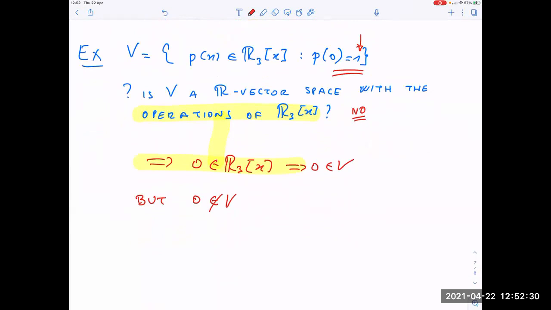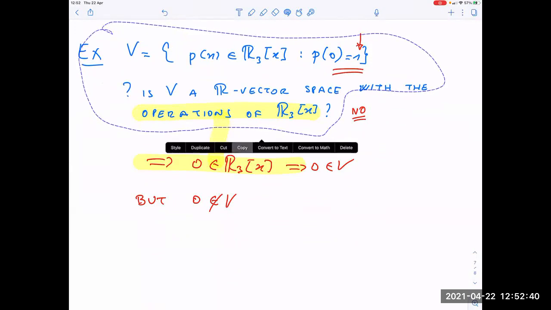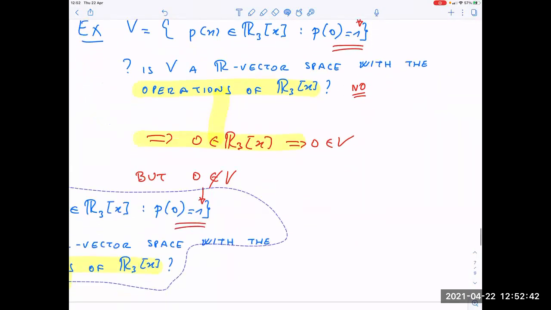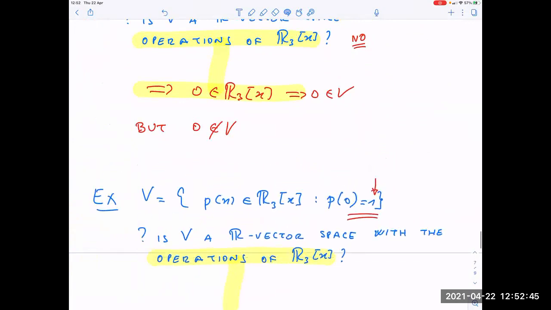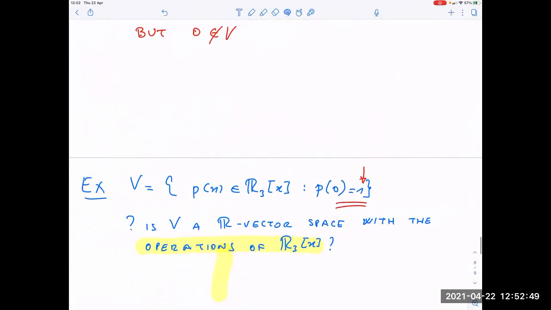Okay, now let's see another one. So say, looking more or less like this. So let's put it here. Let's change what needs to be changed.